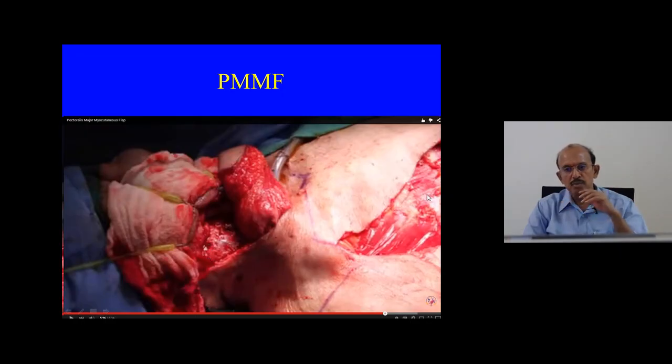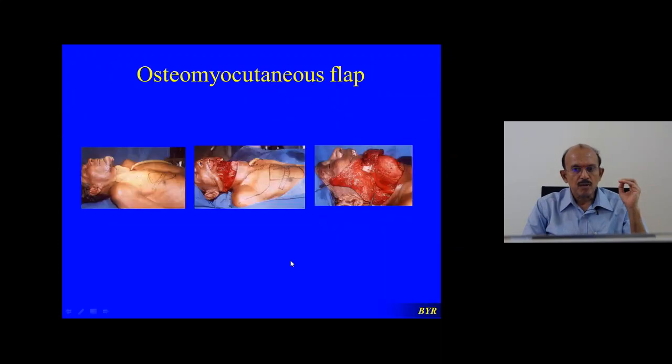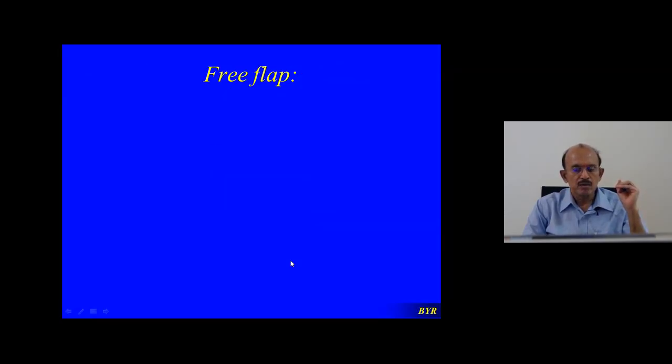So you take this pectoralis major muscle along with the underlying bone plus the overlying skin, everything can be placed here. So these are all the axial rotation flaps or axial pattern flaps.